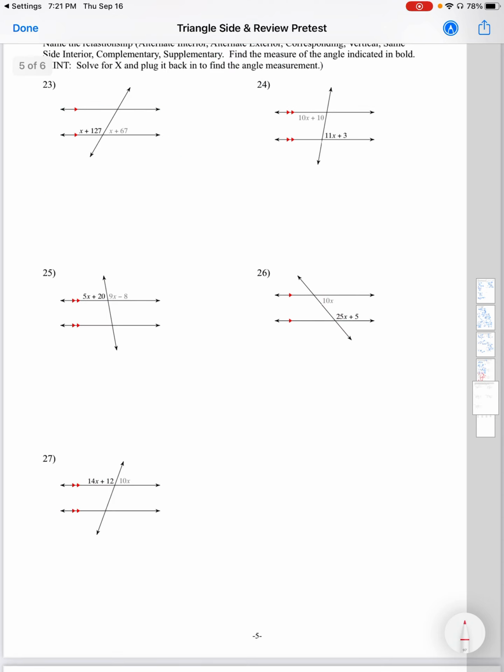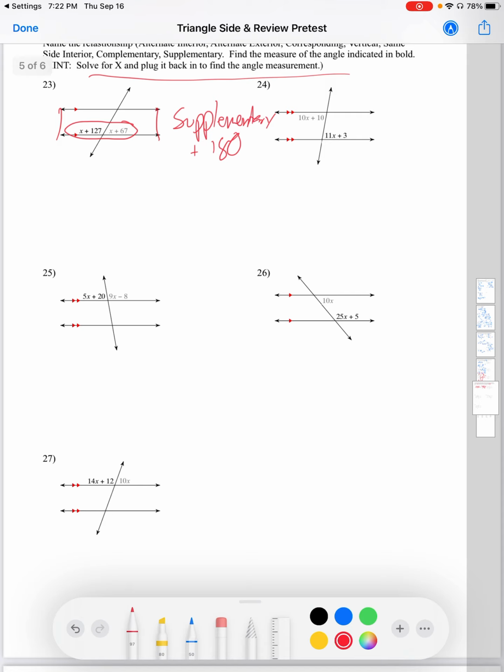Moving on. This wants you to find x, plug it back in, and solve for the angle measurement. Now these are next to each other. That is supplementary angles. Supplementary angles add to 180, because this arc plus the arc next to it forms a line. We know a line is 180.